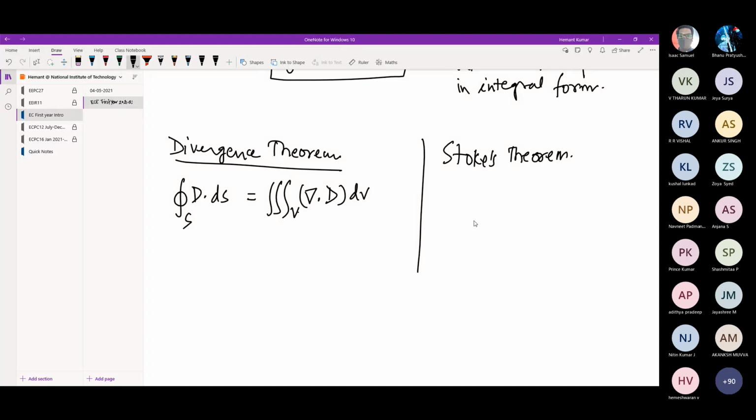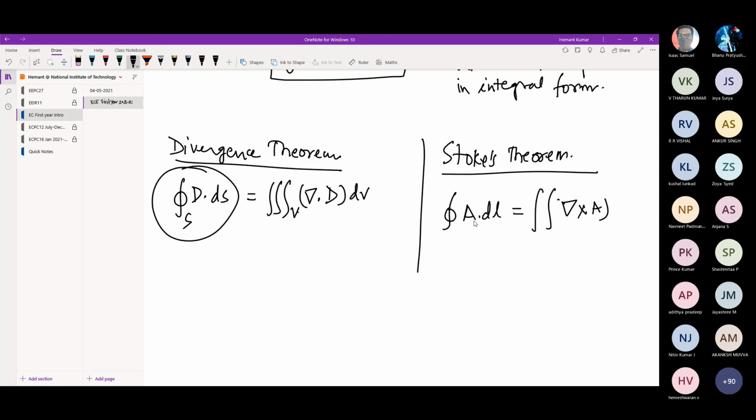This is just a mathematical theorem. Maybe you have studied in class 12 the divergence theorem, which converts a surface integral into a triple integral. Similarly, there is Stokes theorem, which converts a line integral into a surface integral by taking its curl. Okay, by taking its curl. So now we will apply these two theorems in the above two cases.